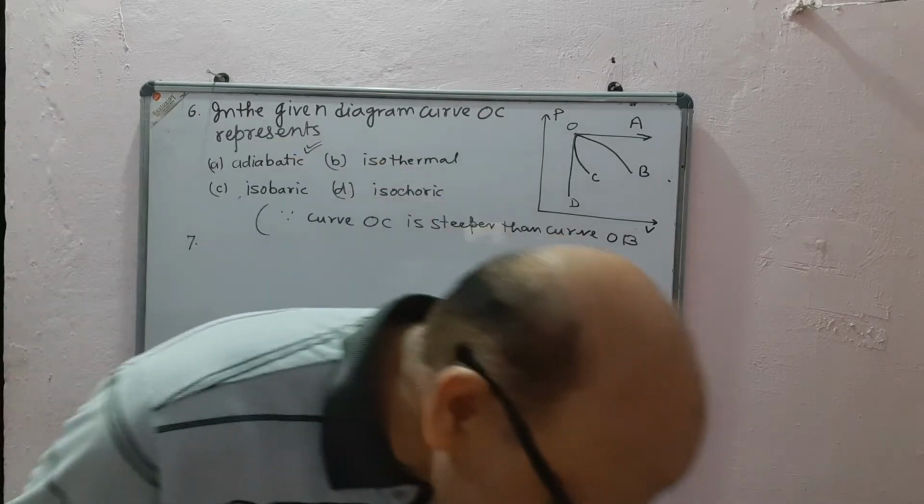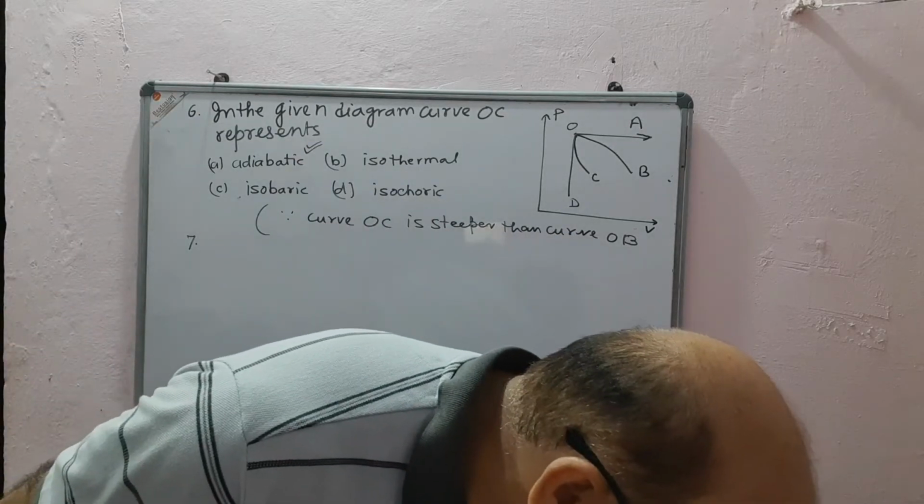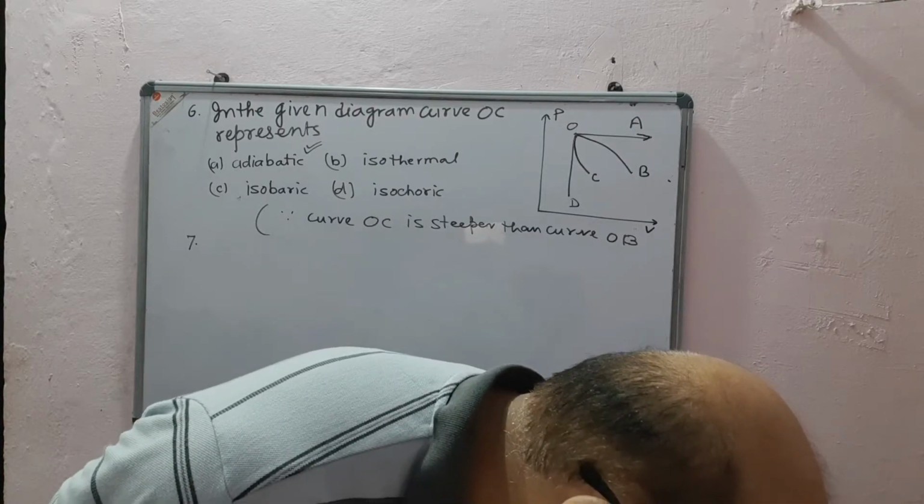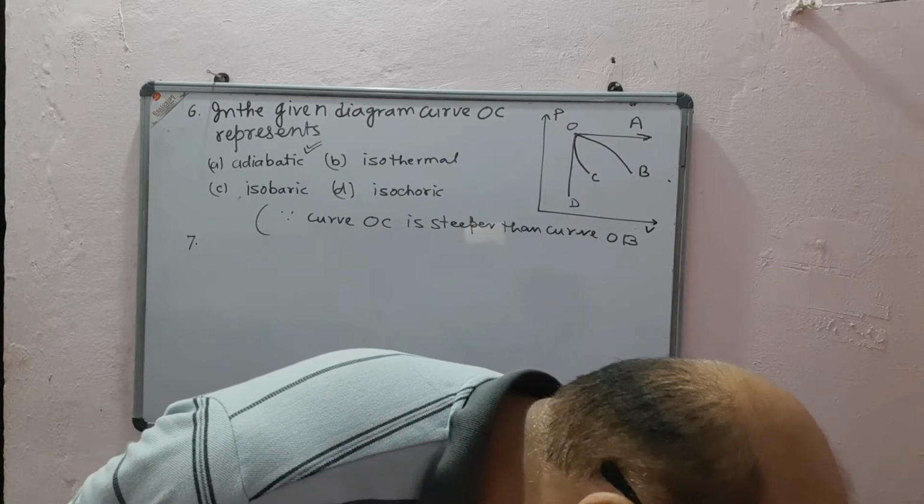Question number 7 is: a system is taken through a cyclic process represented by a circle as shown in this figure.